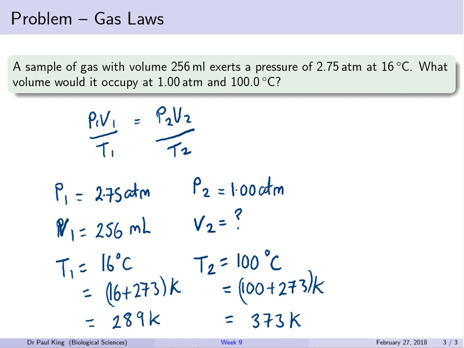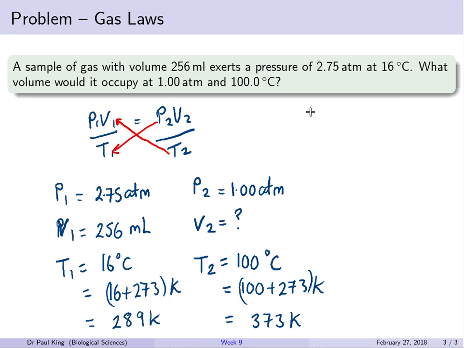Okay, and in order to calculate V2 we need to rearrange our equation so that V2 is by itself. And so what we're going to do is we're going to move T2 up onto the numerator of the other side, and we're going to take P2 down to the denominator of the other side.